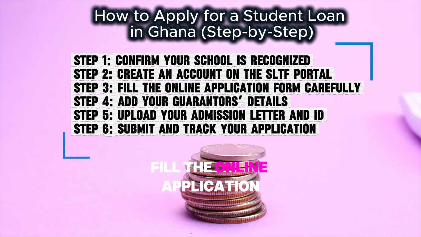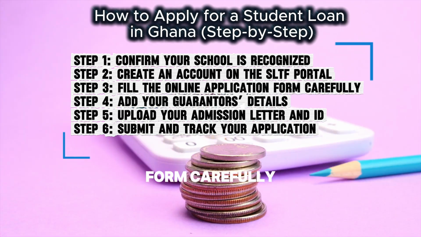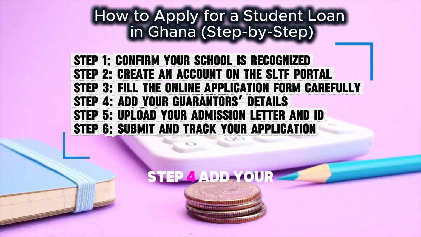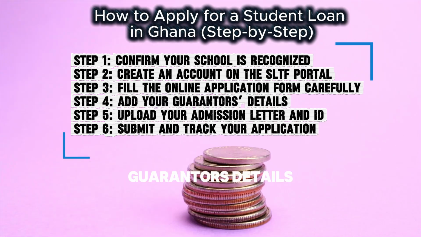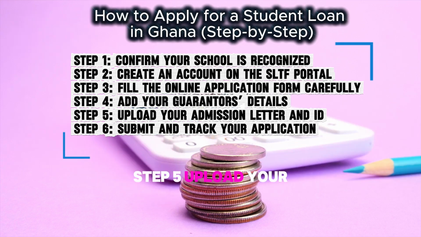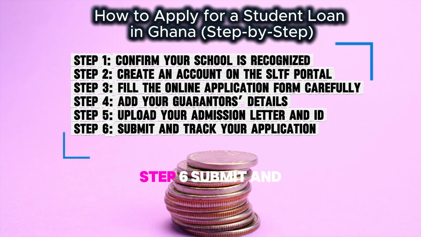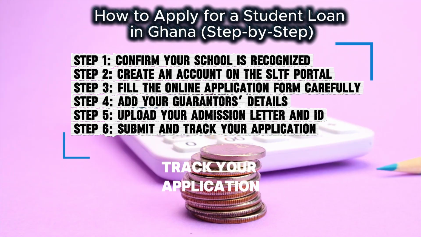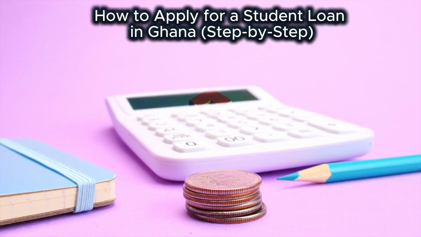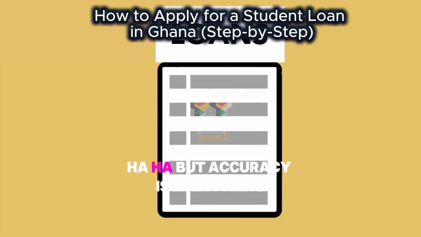Fill the online application form carefully. Step 4. Add your guarantor's details. Step 5. Upload your admission letter and ID. Step 6. Submit and track your application. Simple, right? But accuracy is everything.